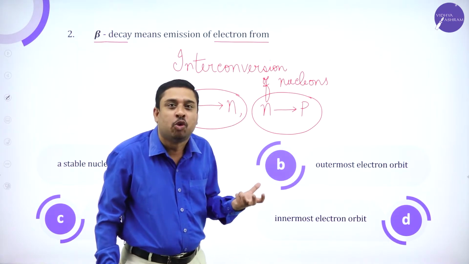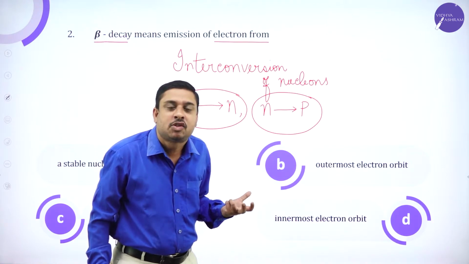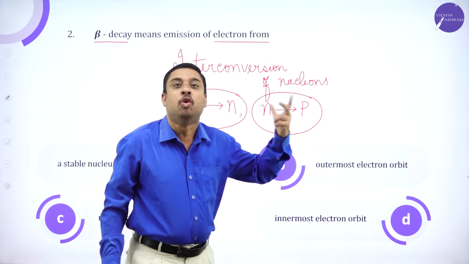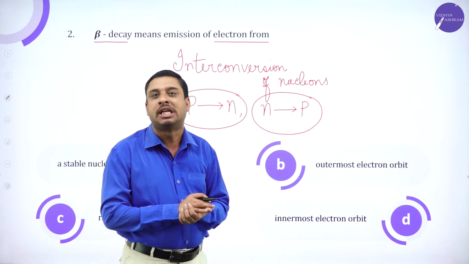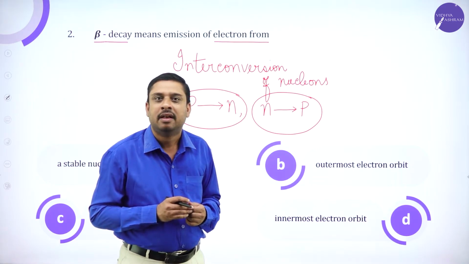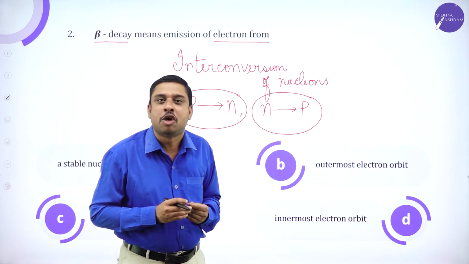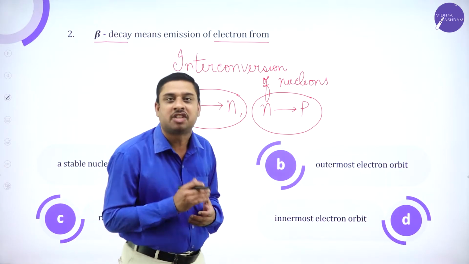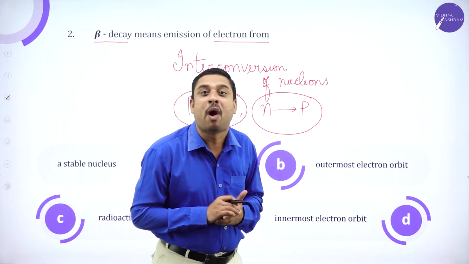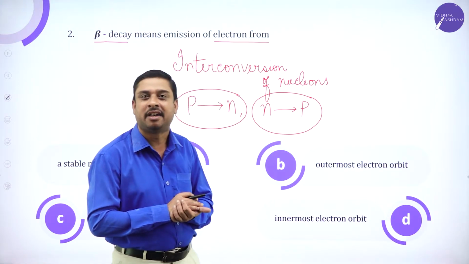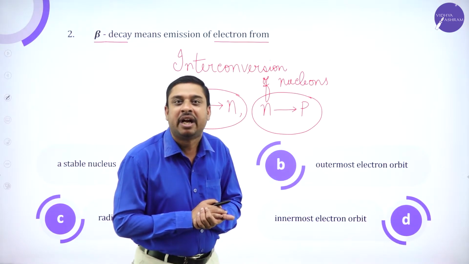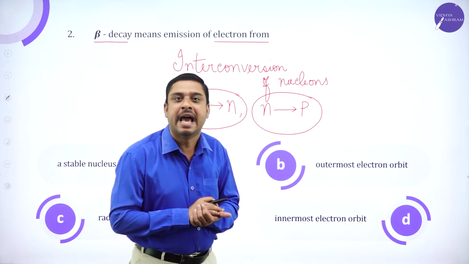This leads to the excess of either a proton or a neutron inside the nucleus. Stability is lost. And when the stability of the nucleus is lost, such an element becomes radioactive in nature. Least stable elements, radioactive elements.